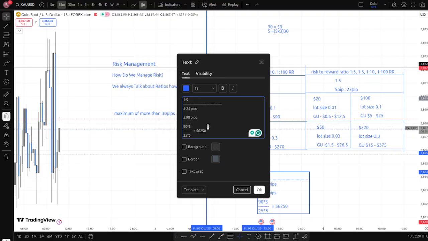Hapo nimefanya hesabu mbaya, hebu ngojeni. Ninajiconfuse tu, ni 90 divided by 5, 18.